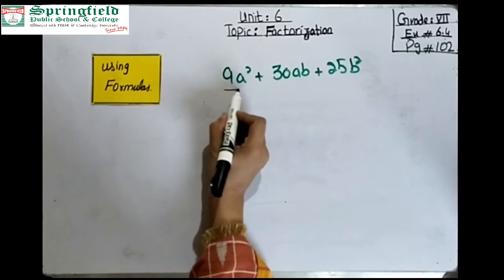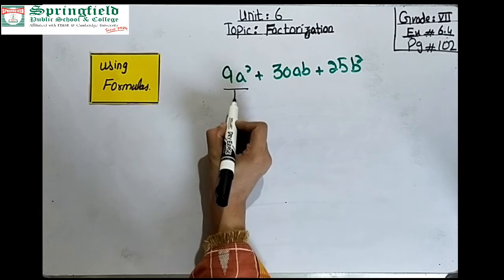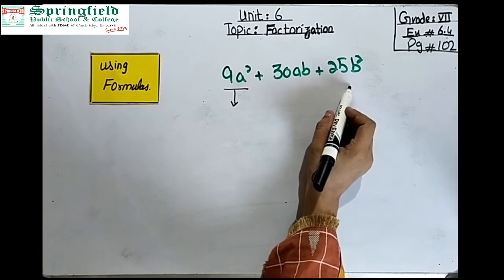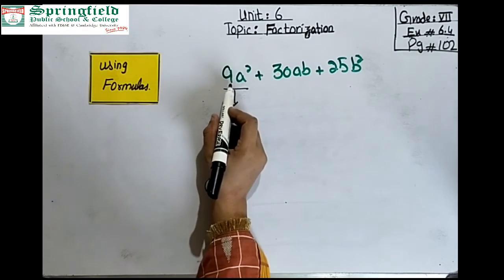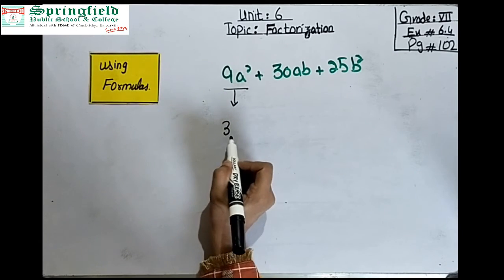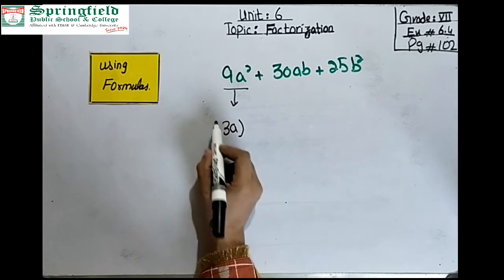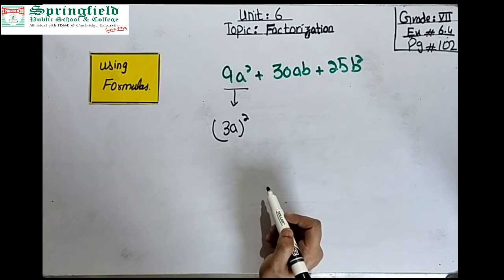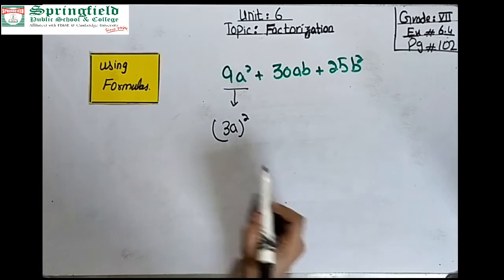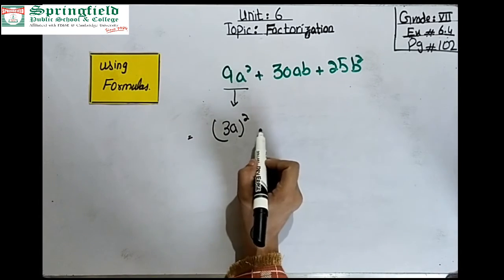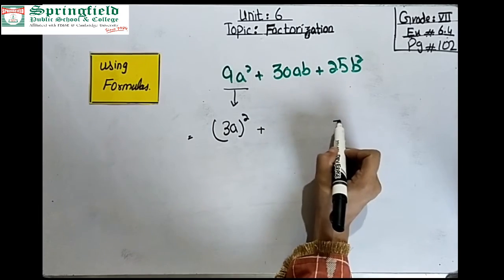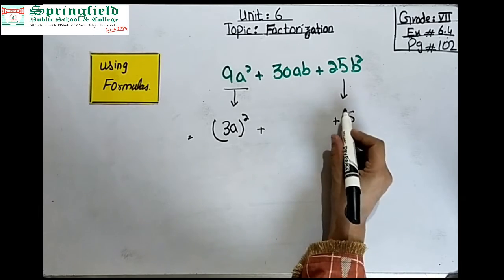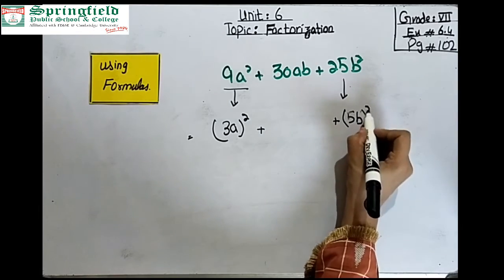So beta, 9a square: we will look at the first and the third term in this type of situation. 9 is the square of 3, and it can be written as (3a) whole square because a also has the square. So it can be (3a) square plus, and then write down the third term. 25 is the square of 5, so it can be written as (5b) square.